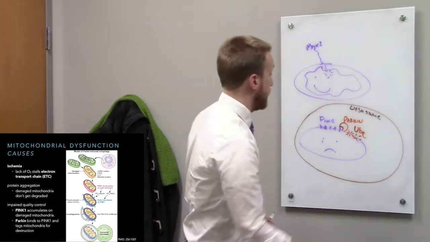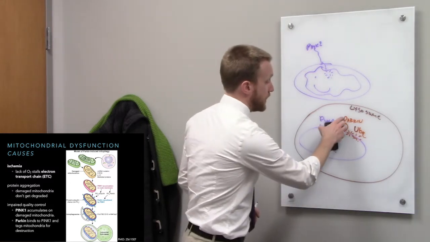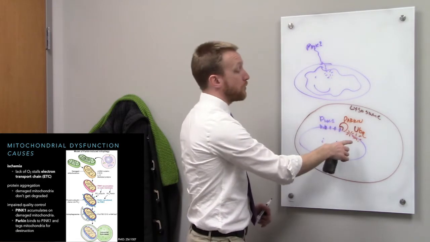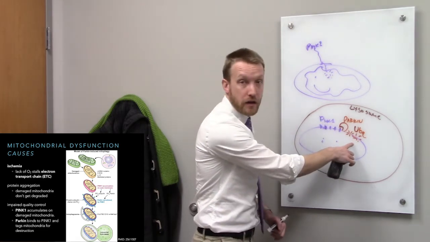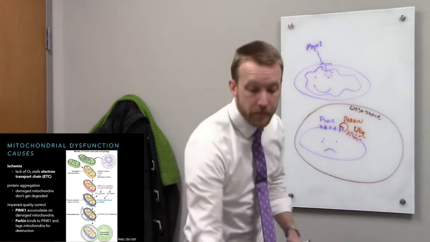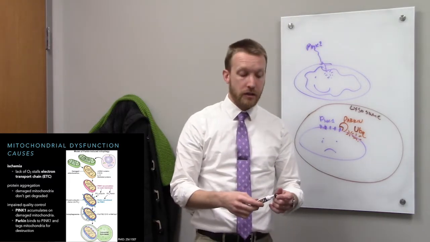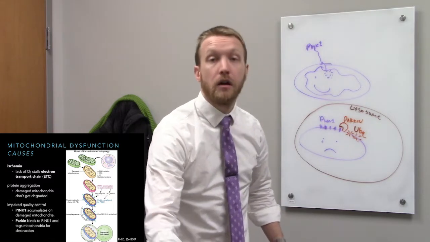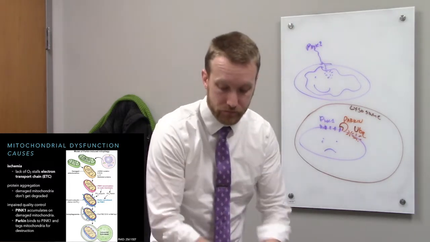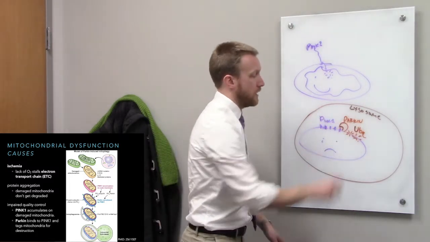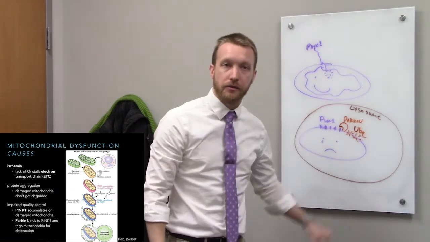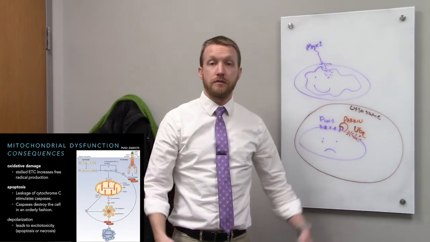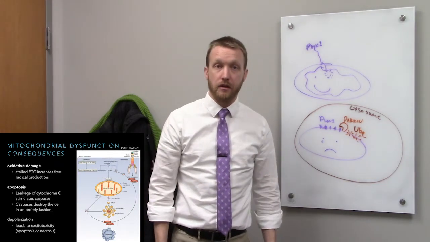We don't want that. Whenever we have mutations in PINK1 or Parkin, we don't properly ubiquitinate damaged mitochondria. They build up, and cells like dopamine neurons that are susceptible to oxidative stress and mitochondrial damage are going to die. So that's the connection between PINK1 and Parkin. It all comes down to mitochondrial dysfunction. Whenever we have mitochondrial dysfunction, same thing happens as we've already talked about.